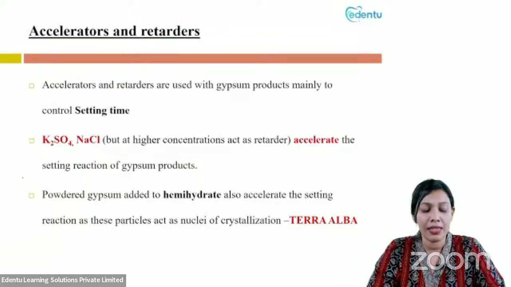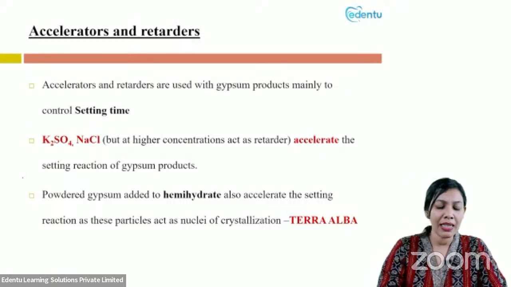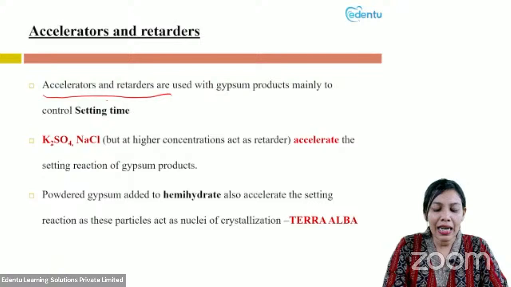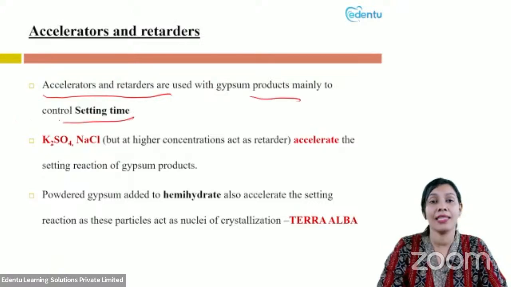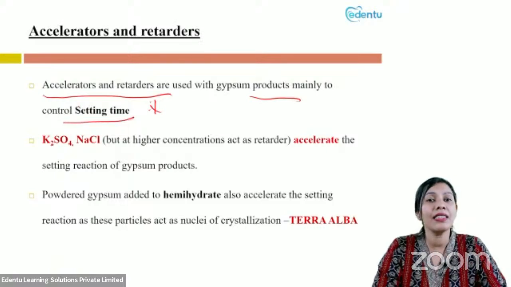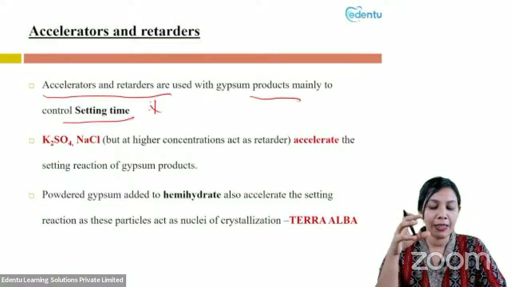The first one is the accelerator. One question asked for NEET MDS was what is the use of accelerators and retarders. They control the setting time. That is the main thing you need to keep in mind.